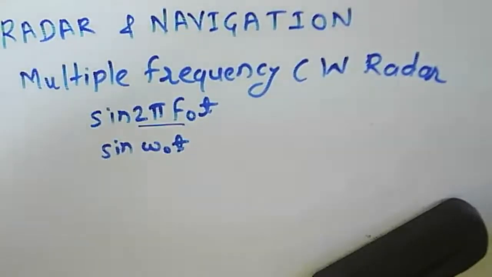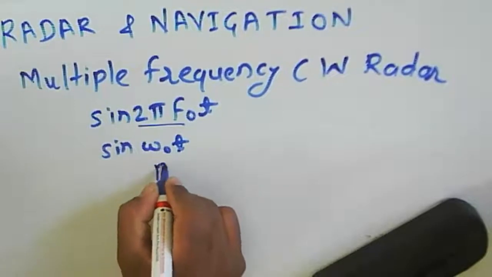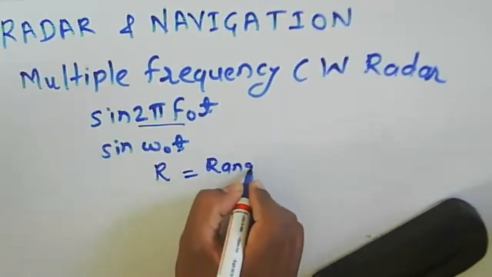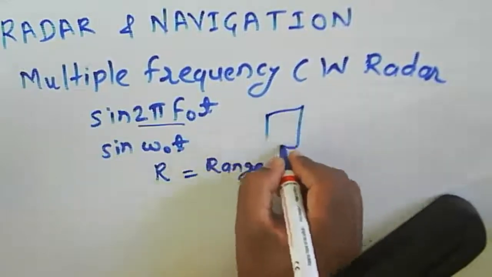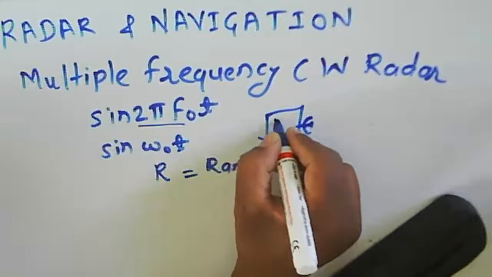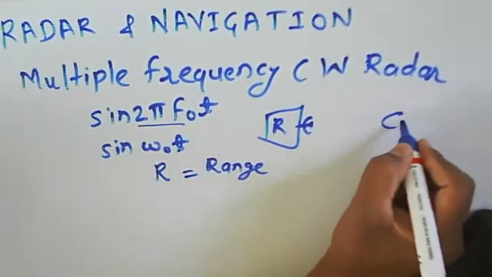In that case, we say that the target range is r. Here we consider a radar that has an antenna, and we consider the target, the object.